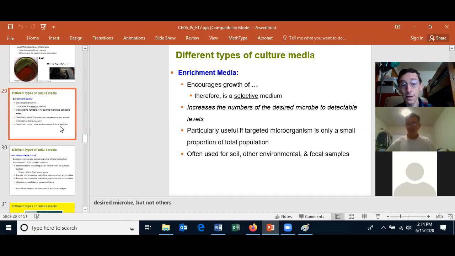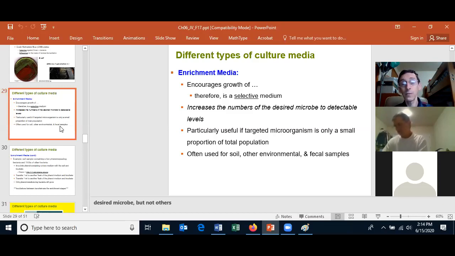So you put it in an enrichment media, and then that will select for the pathogen. And that's particularly useful if the targeted microorganism is only a small proportion of the total population of cells.